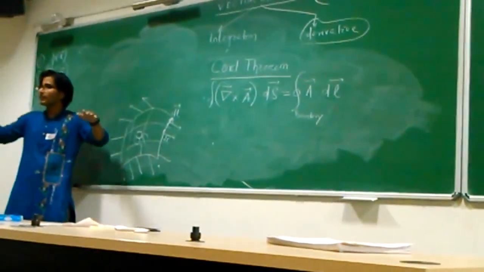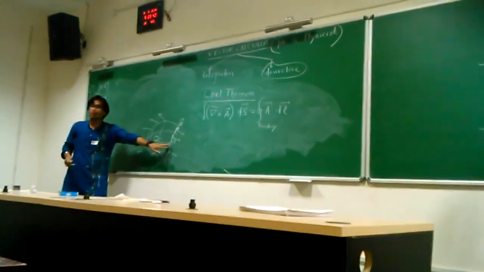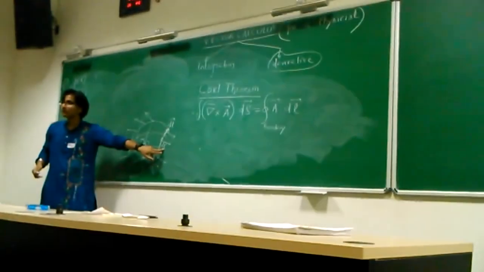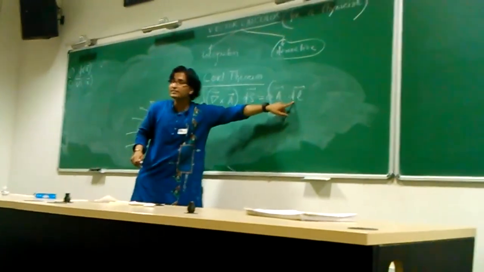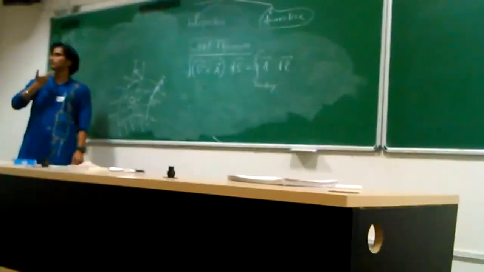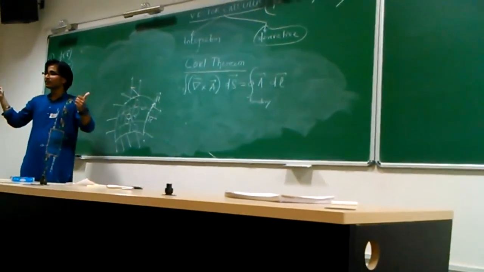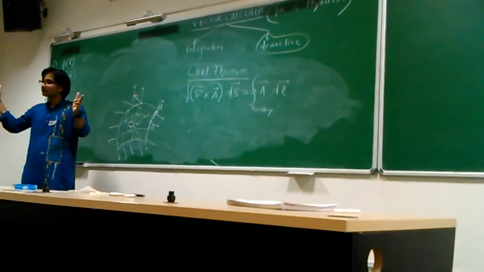If I have an area, any kind of surface, I have a boundary, right? So dl is along the boundary. Fine. So listen to this carefully. A dot dl means along the boundary, while for A dot dS, the part which goes away is not actually rotating; it's actually diverging. Fine.